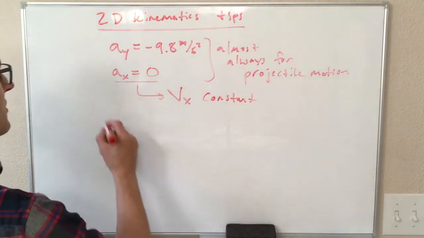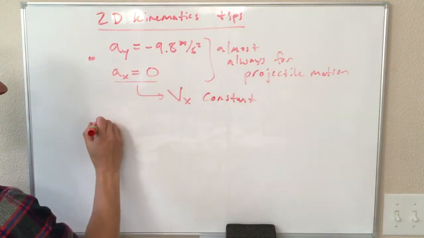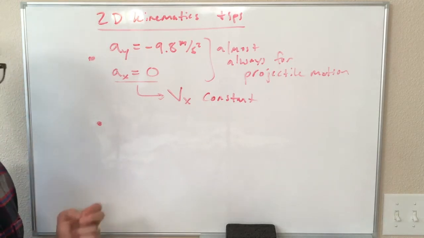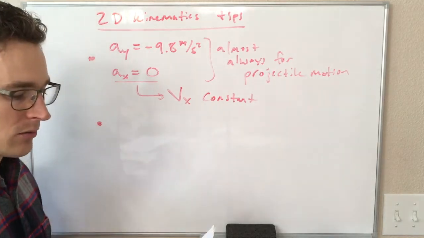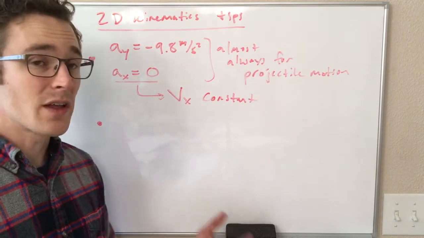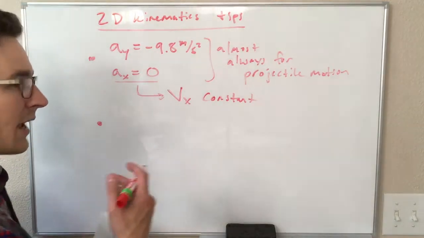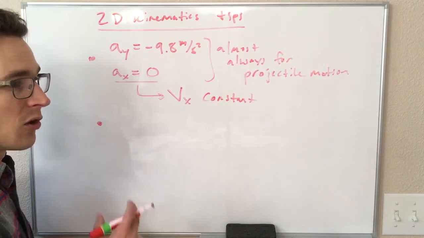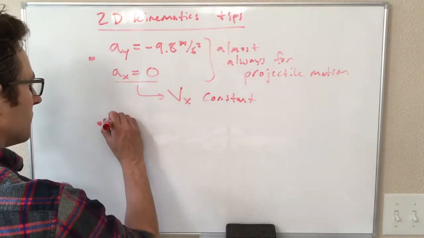The next tip. So this is tip number 1. The next tip is that very often our procedure in these 2D problems is to use one of the two directions, x or y, to find a useful variable. Usually that's the time.